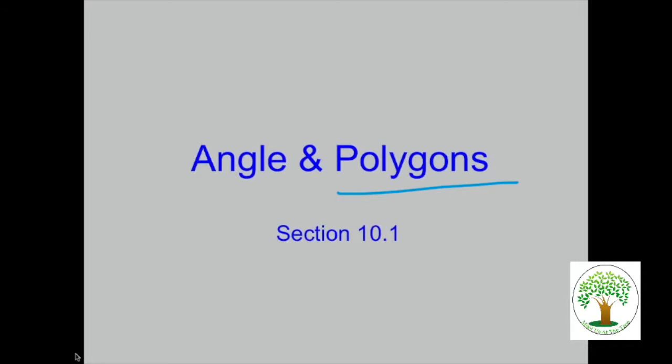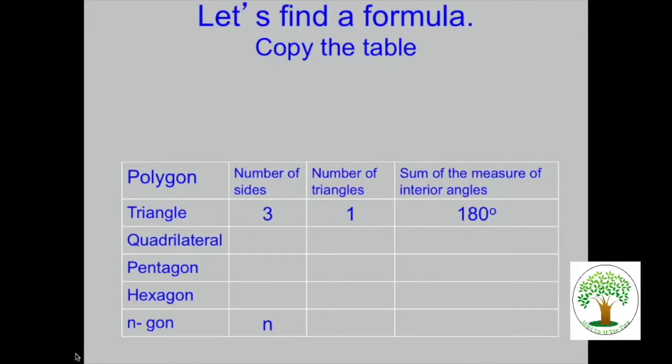Okay. You have a note sheet, if you'll get that out. We're going to be finding a formula. You have already copied this table because I've given you a copy of it, and I have filled in the first one. If we have a triangle, this has how many sides? 3 sides.